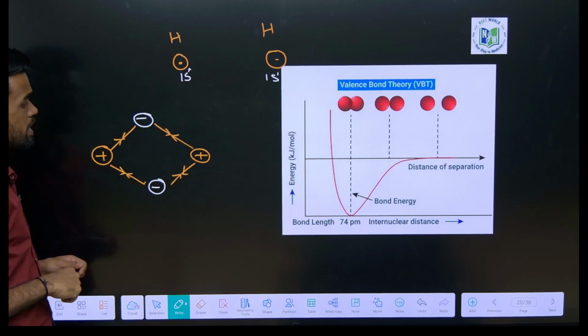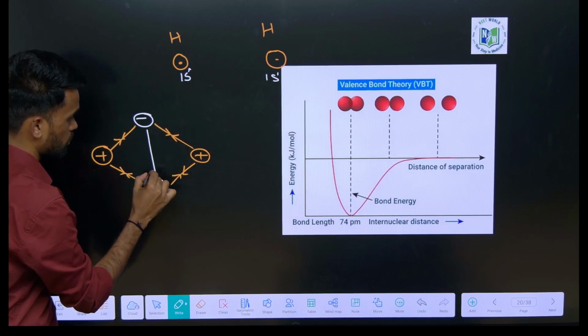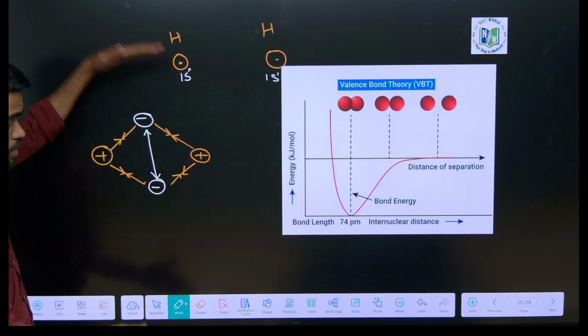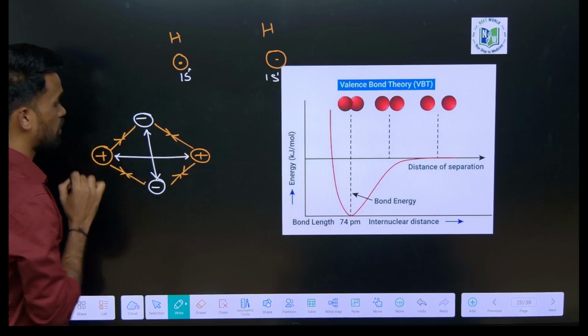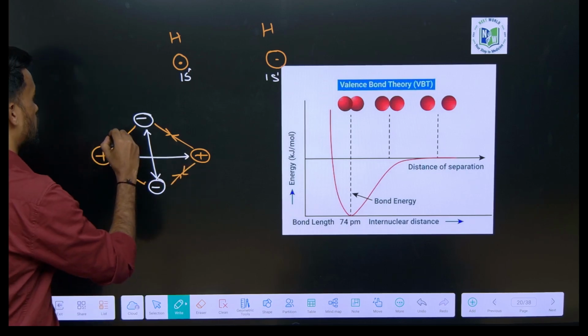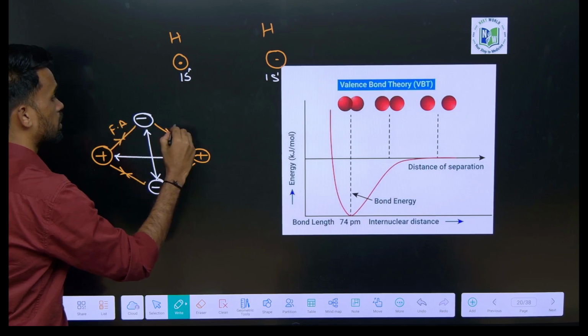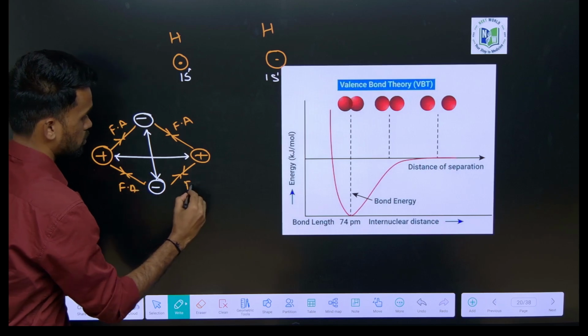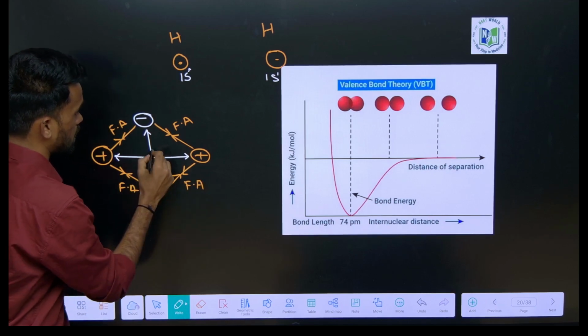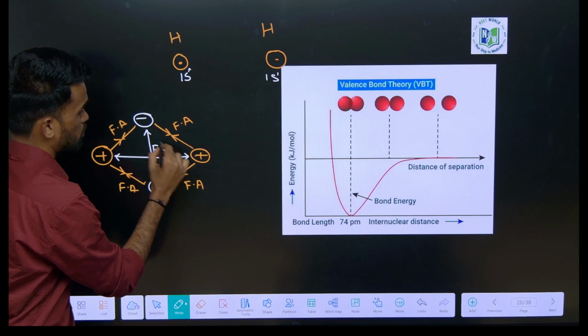Here there is force of repulsion between the two like charges. I am writing Fa for attraction, and this white color indicates force of repulsions.